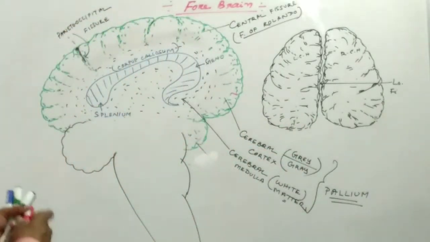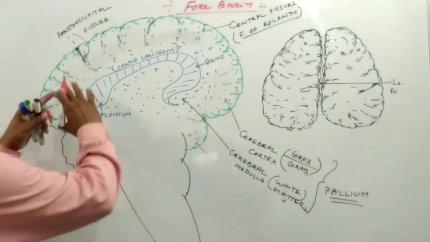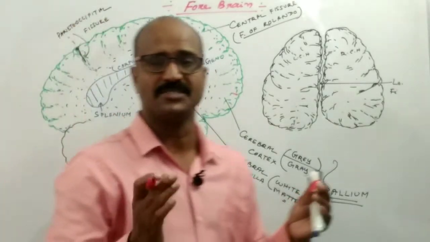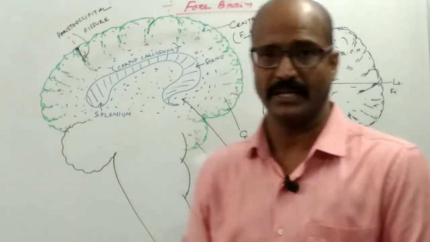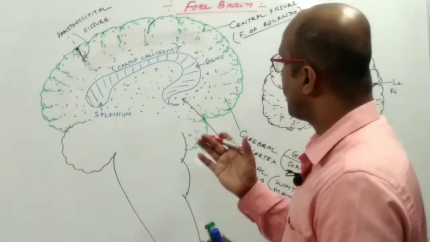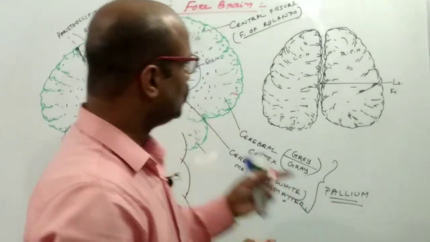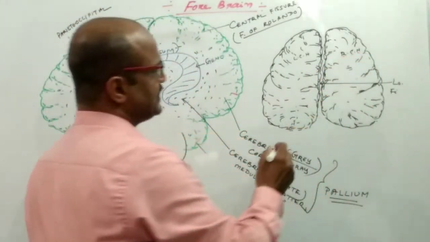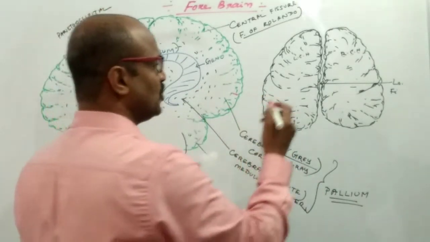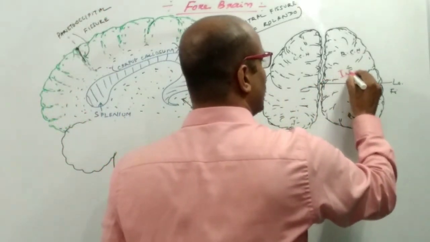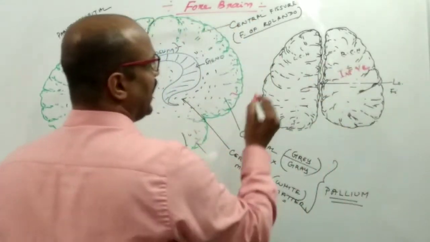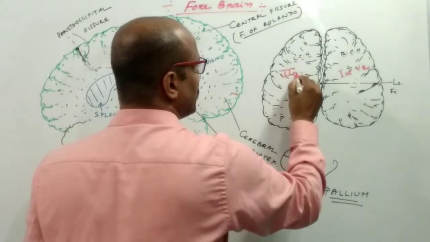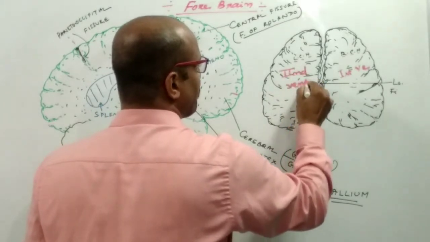And here another thing is that such cerebrum also contains the space or the ventricle, and these are known as the lateral ventricle. The space present in the right cerebral hemisphere is known as the first ventricle, and the ventricle in the left cerebral hemisphere is known as the second ventricle.